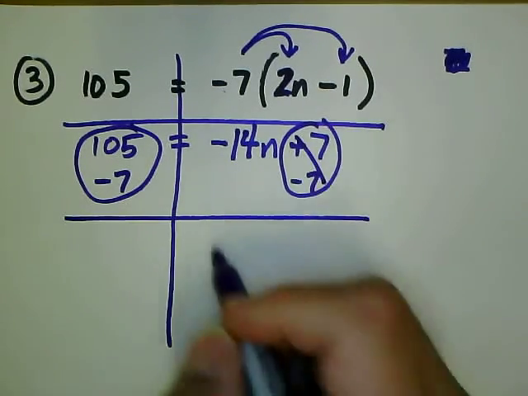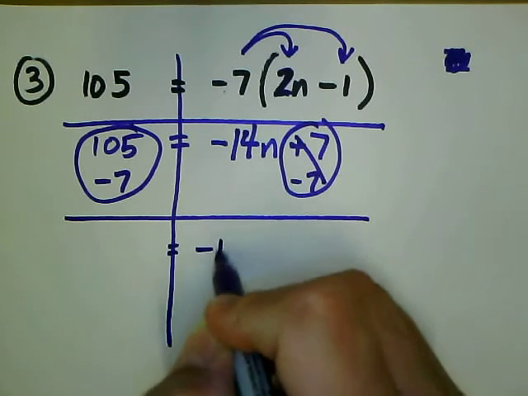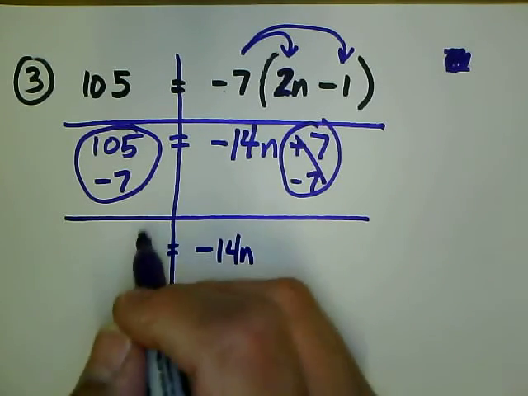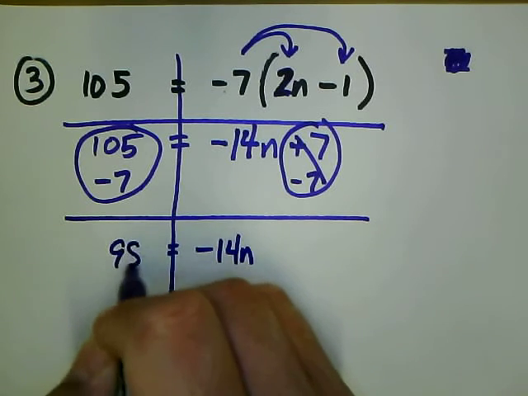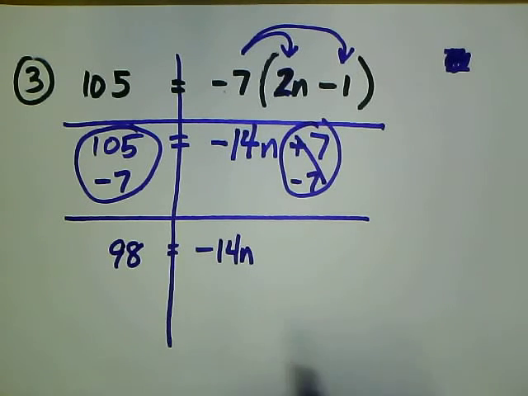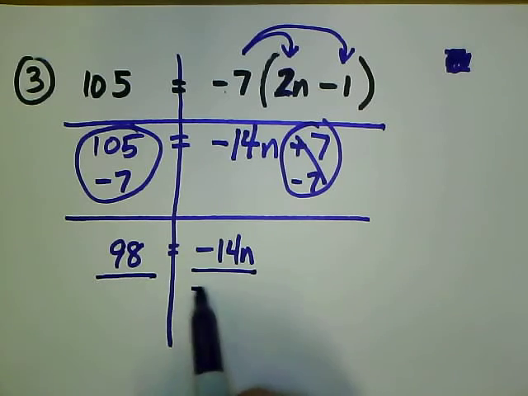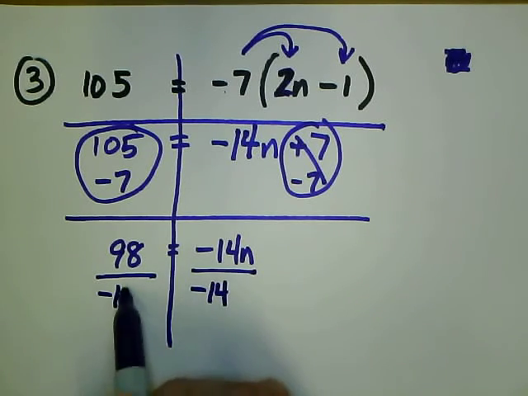So the 7s are gone. We bring down the negative 14m, right? And 105 minus 7? 98. So what are we going to do here now? It's always this side. Now you have to divide it. Divide it by negative 14.